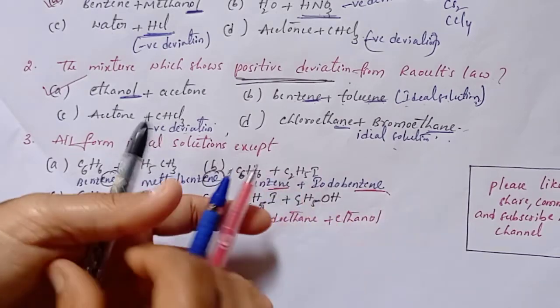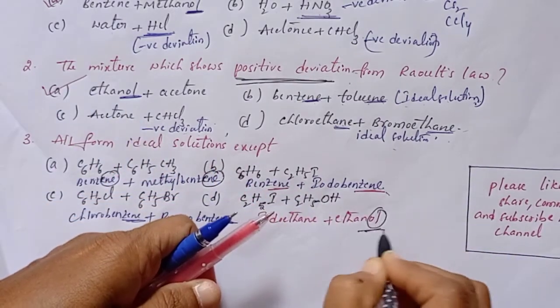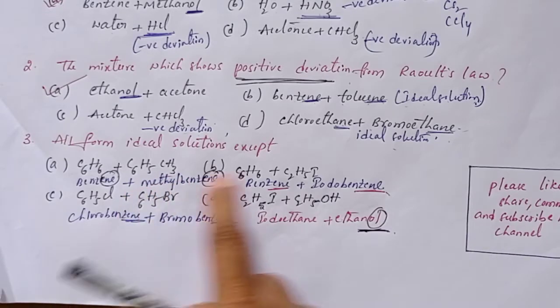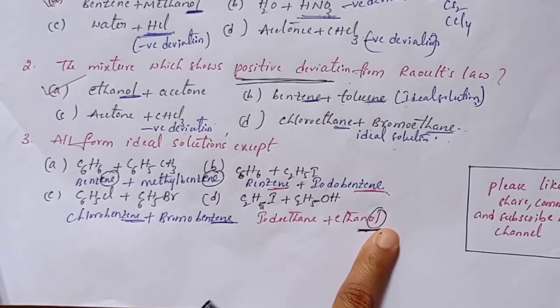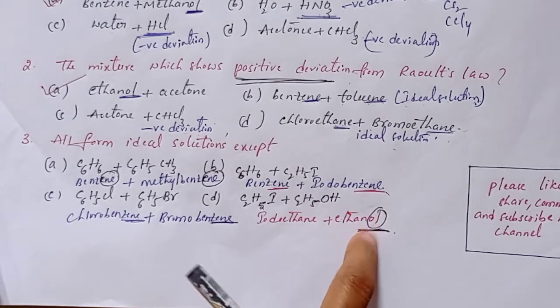So here what is the functional group, students? OH is there, the alcoholic functional group. Remaining all are ideal solutions, but this has the alcoholic functional group, so that's why it is showing the positive deviation from Raoult's law.